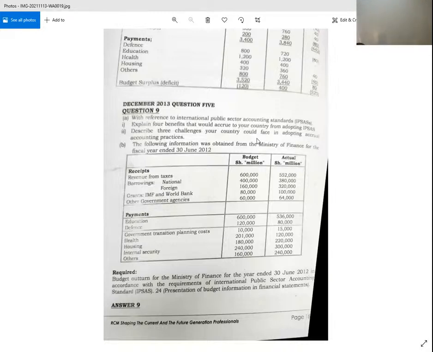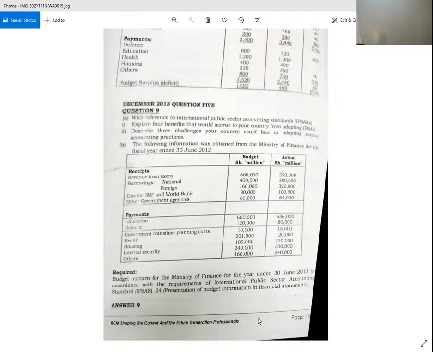Describe 3 challenges your country could face in adopting accrual accounting practices. My concern is part B of this question, where they want us to give them a budget outturn for the Ministry of Finance, which in this case is done in accordance with the dictates of IPSAS 24, which basically is the presentation of budget information in financial statements.